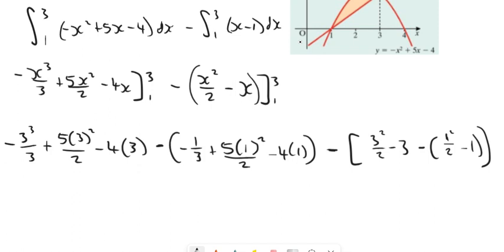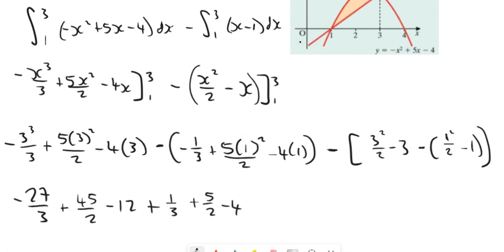So we can tidy it up a little bit, so that will be minus 27 over 3 plus, so 5 nines are 45 over 2 minus 12 plus 1 over 3 plus 5 over 2 minus 4, and then it'll be minus 9 over 2 plus 3.